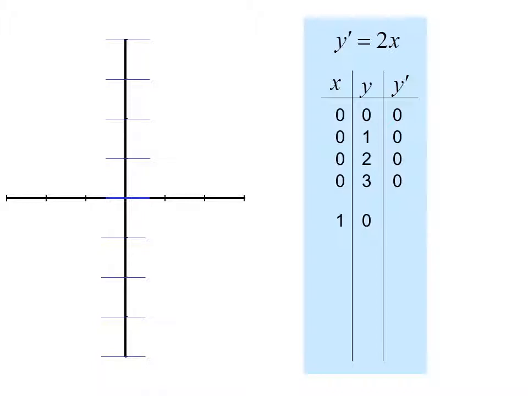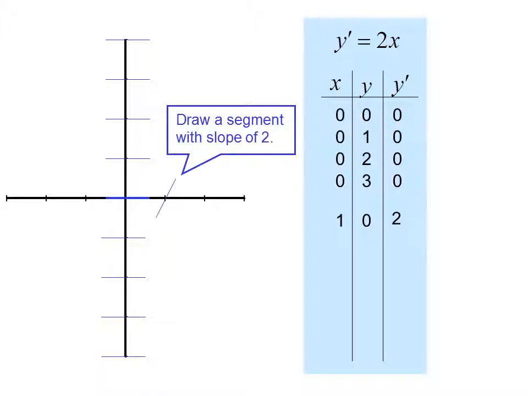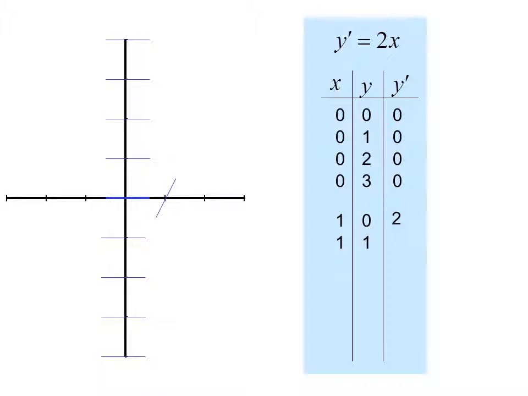If x is 1 and y is 0, the slope is 2. So now I draw a line segment with a slope of 2. At 1, 1, the slope is still 2. So I draw another line segment.